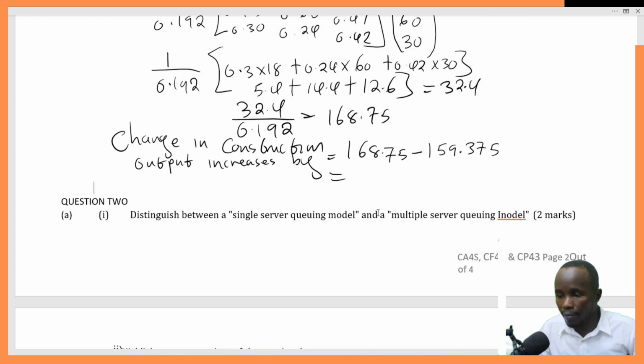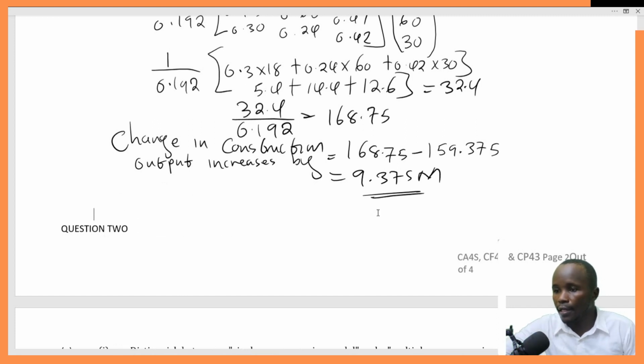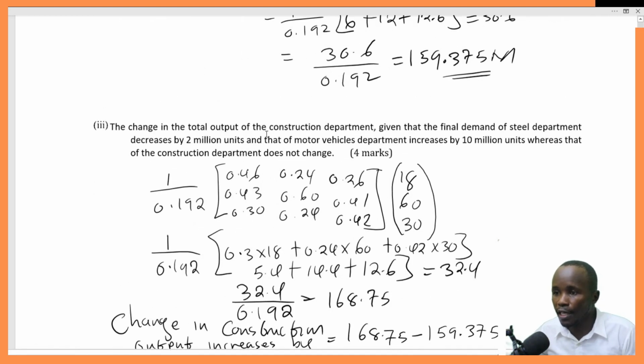What do we get here? This gives you 9.375 million. So that is the change in the construction department output.